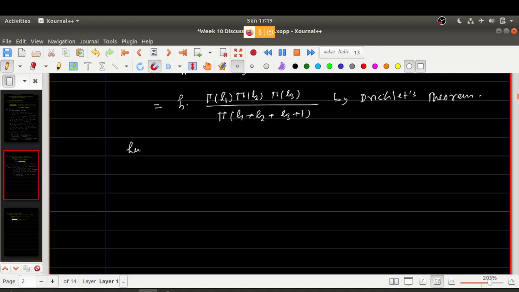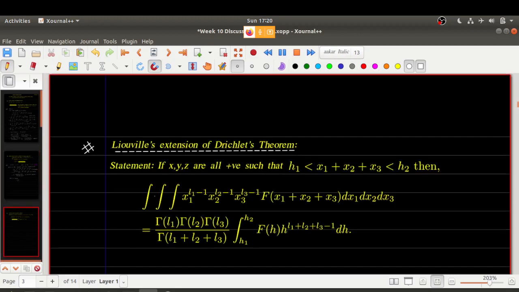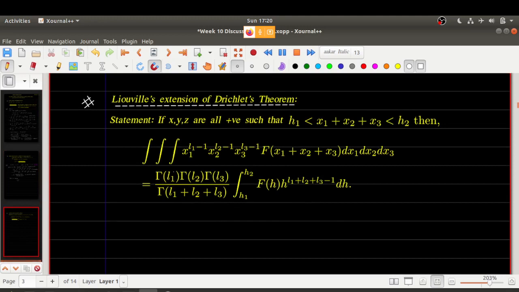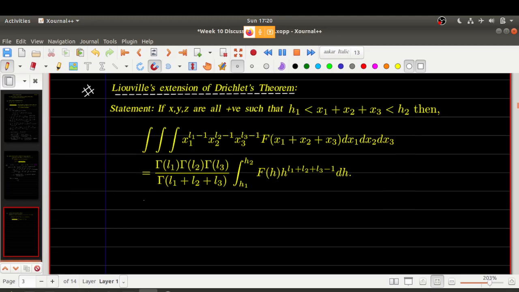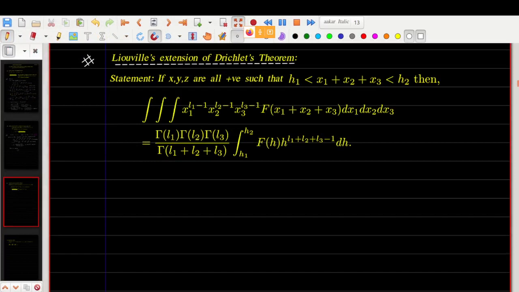Hence the corollary, right? Yeah, so now Liouville's extension of Dirichlet theorem says that if I have volume integration in three variables, say x, y, z, and such that the range of the variables varies from h1 to x1 plus x2 plus x3.